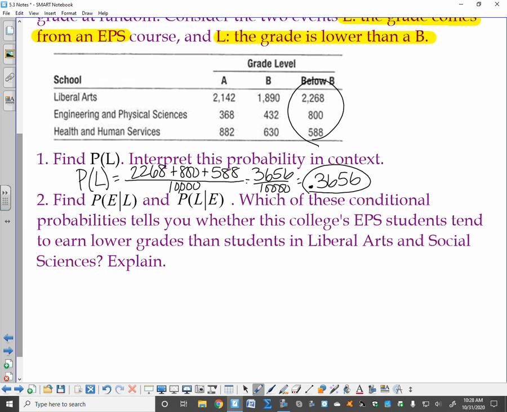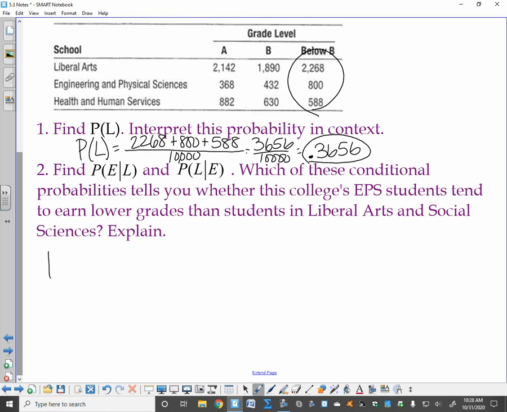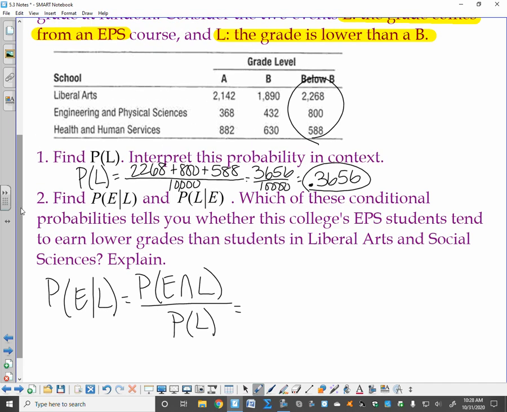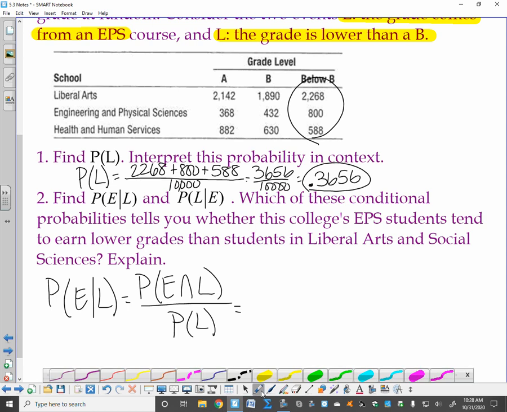Now we're going to find the probability of E given L and L given E. Okay, E given L is going to be the probability of E intersection L over the probability of L. So E's and L's. Okay, so let me highlight this.